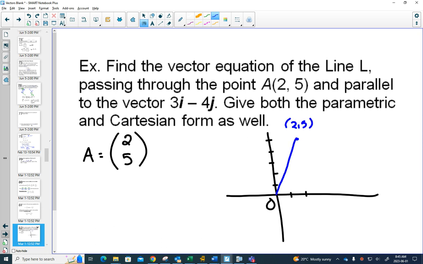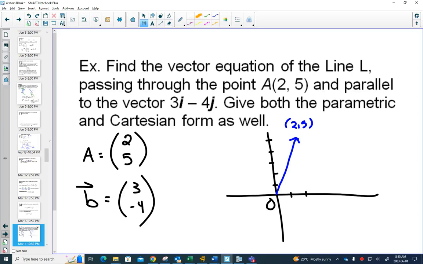This would be the vector of 2, 5. That point is on the line, and it's parallel to the vector 3, -4. That tells us our direction. Our direction vector will be 3, -4.